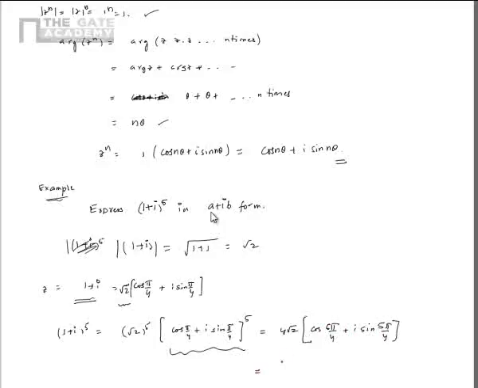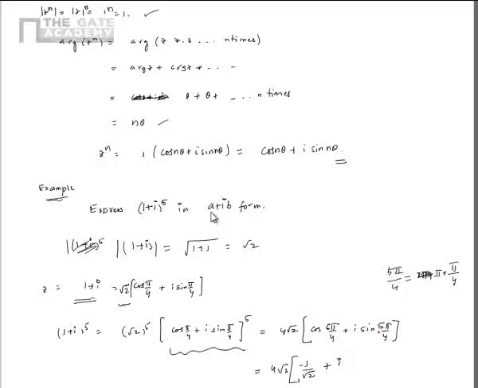So this will be 4 root 2 times cos 5 pi by 4. You can write 5 pi by 4 as pi plus pi by 4, so 180 plus pi by 4. Cos of 180 plus pi by 4 is minus cos pi by 4, which is minus 1 by root 2, plus i sin of pi plus pi by 4.